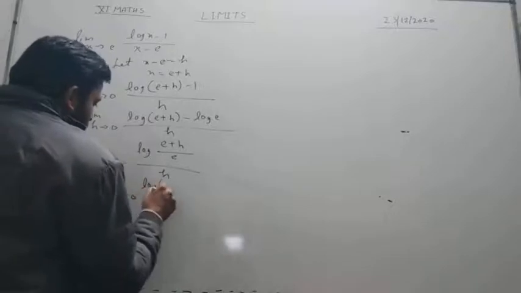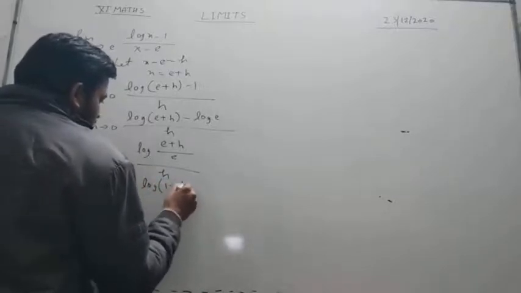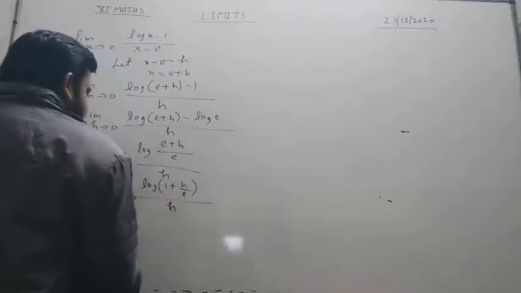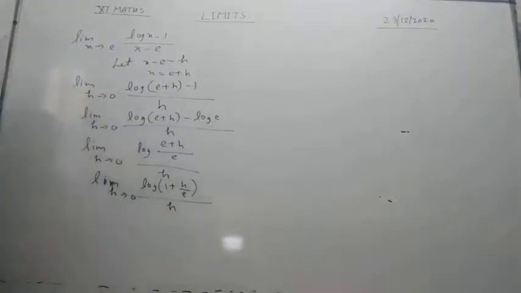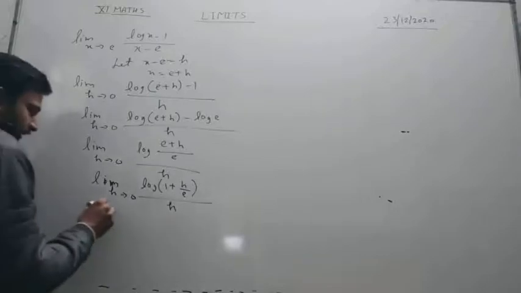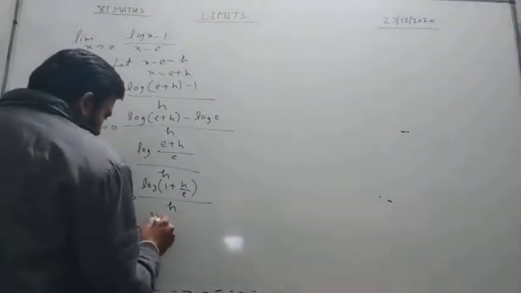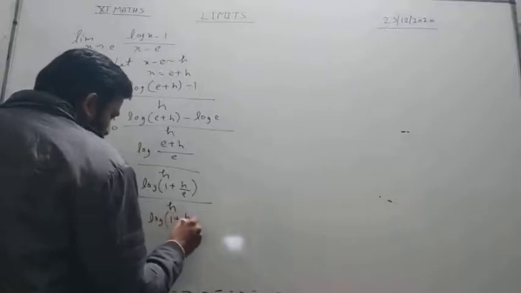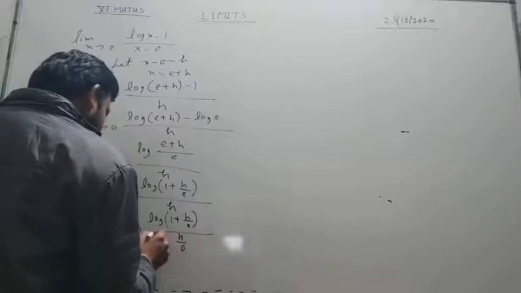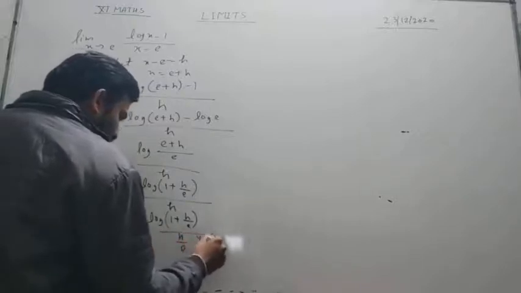This is log(1 + h) by e by h. Okay student, now we will write the limit as h tends to 0 of log(1 + h/e) by h/e, into 1/e.